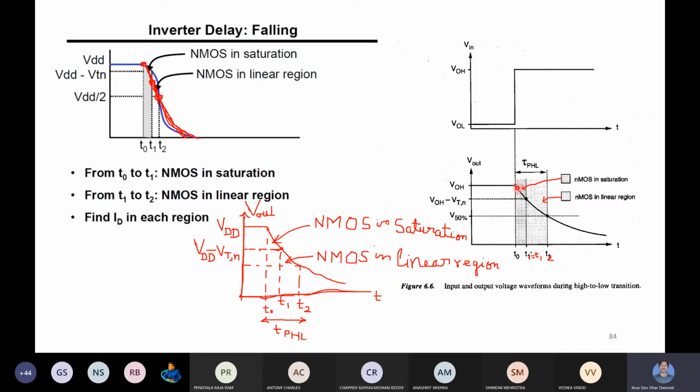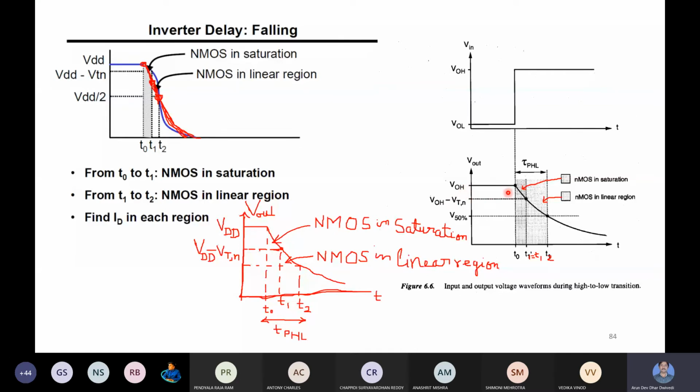Then the output will start falling, but it will not come down immediately. It has some delay, so it takes some time to fall from T0 to T1, and then again some time to fall from T1 to T2. During this, from T0 to T1, the NMOS transistor is in saturation, because the voltage is between VOH and VOH minus VTN.